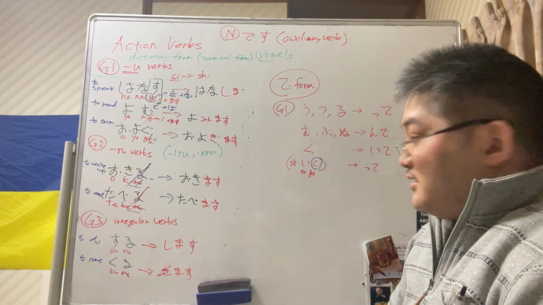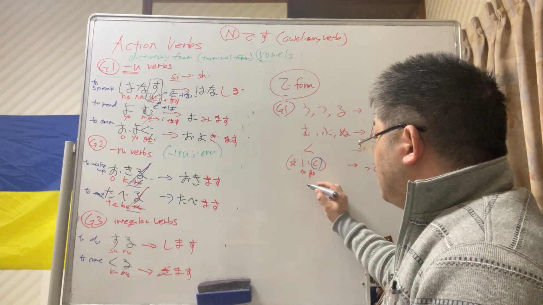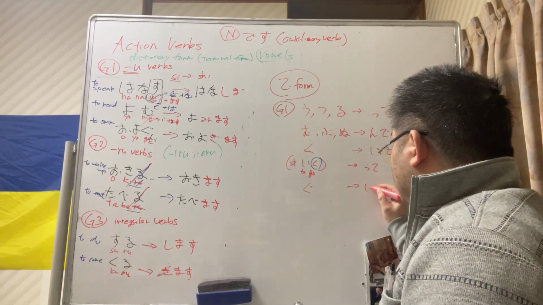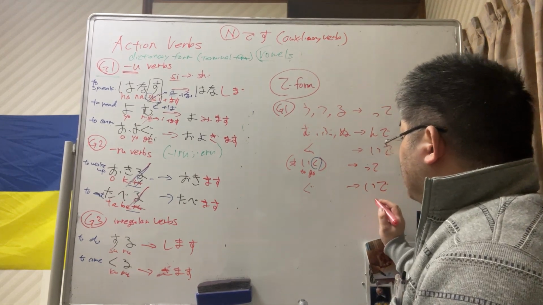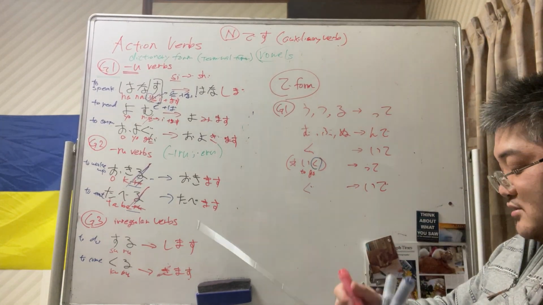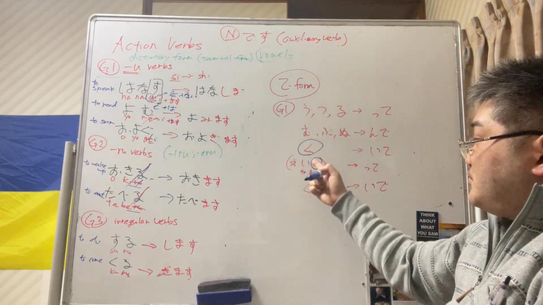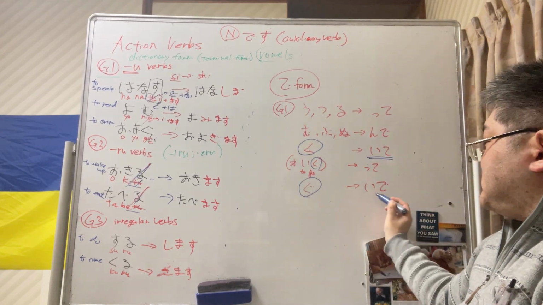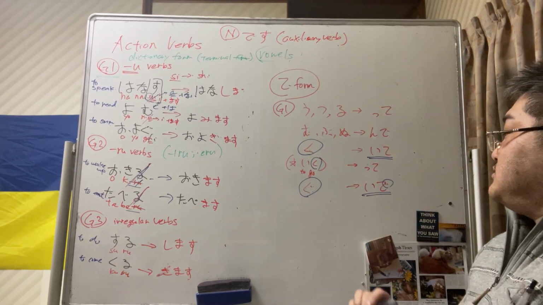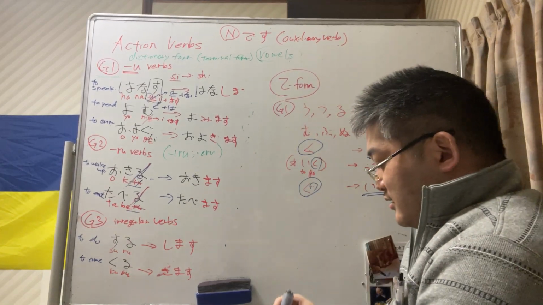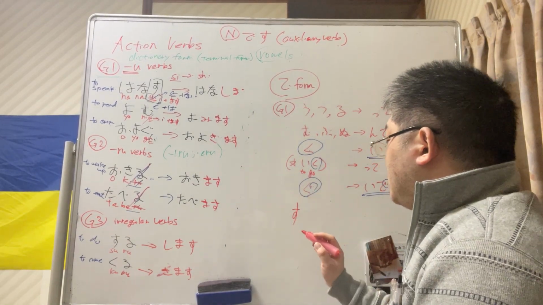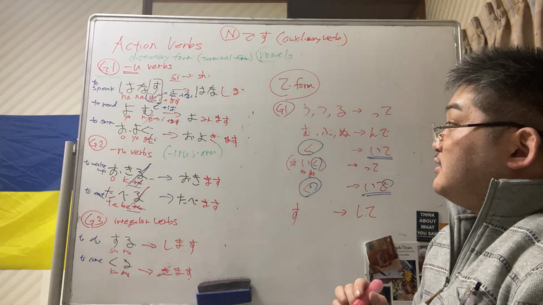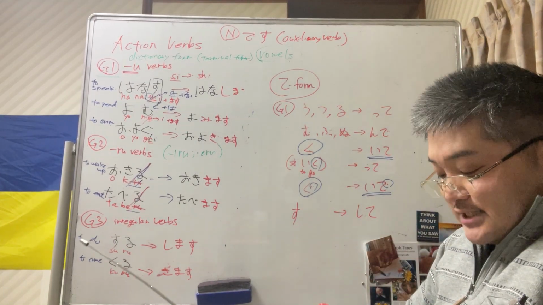And the one that ends with gu changes into ide, which is fairly straightforward. If what ends with ku changes into ite, what ends with gu changes into ide. Makes sense. And then what ends with su changes into shite. So hanasu becomes hanashite.